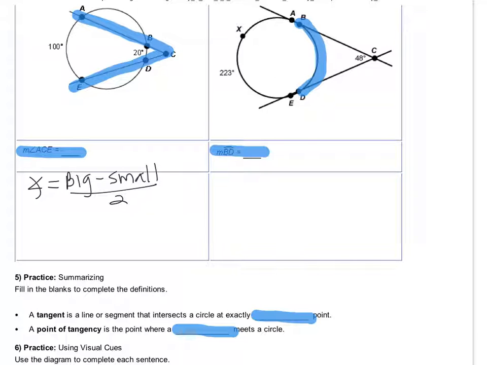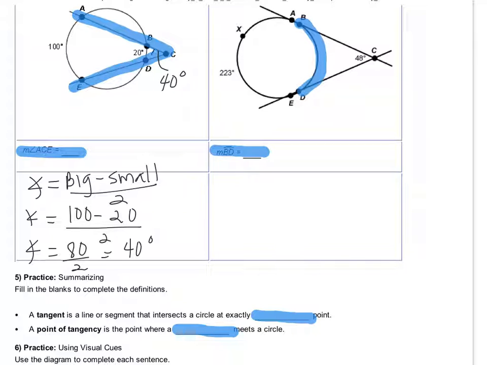That's where the difference comes in. I know my big arc is 100 and my small arc is 20. So I find that difference and divide it by 2. My angle is just going to be 80 divided by 2, so my angle is going to be 40 degrees. That means angle C is 40 degrees.